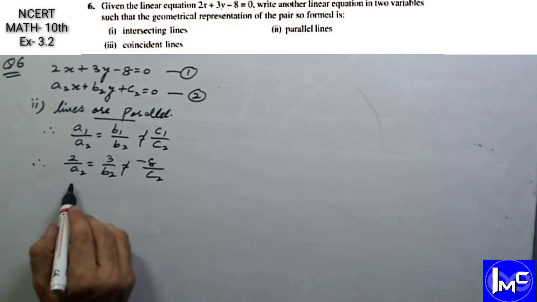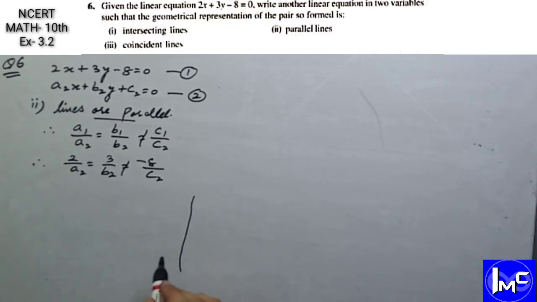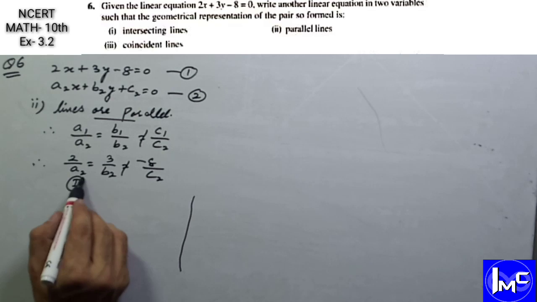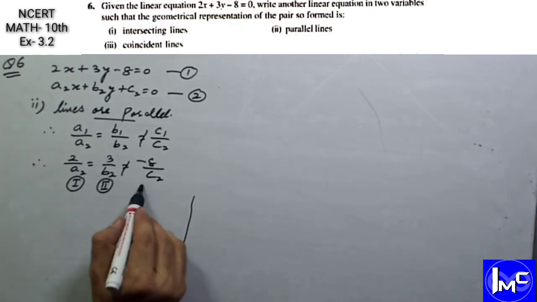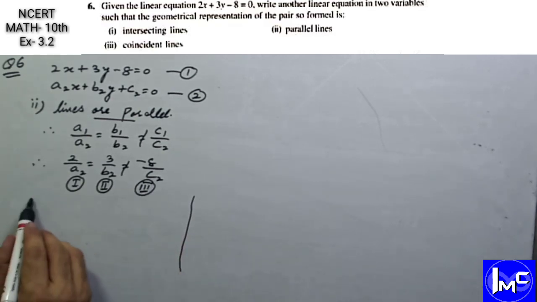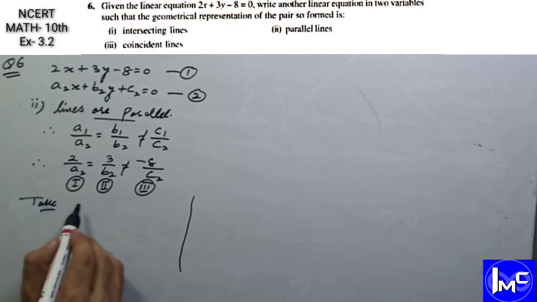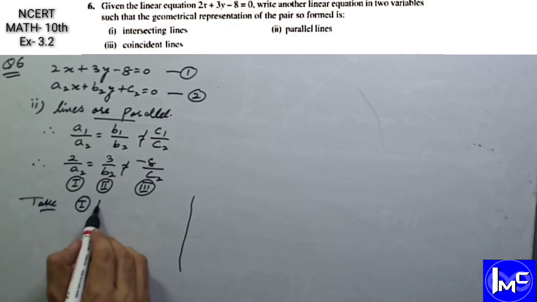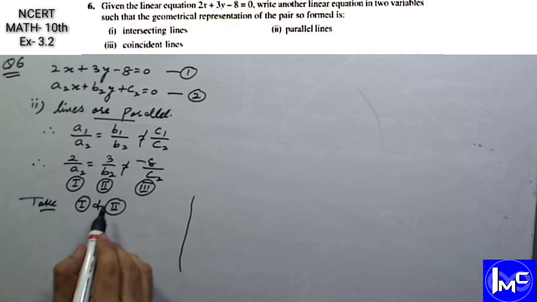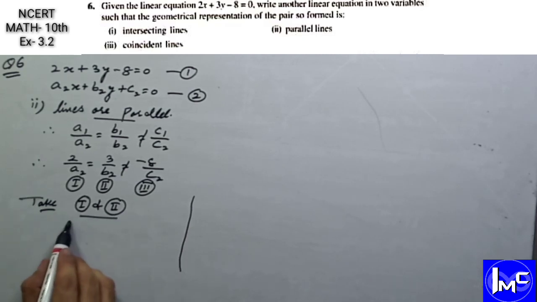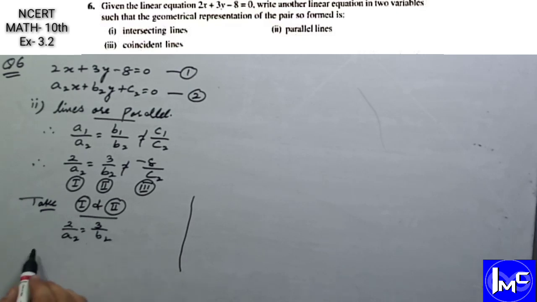Now we will take two relations at a time. This is first, second and third. Now we will take 1 and 2, that is 2 by a2 is equal to 3 by b2.